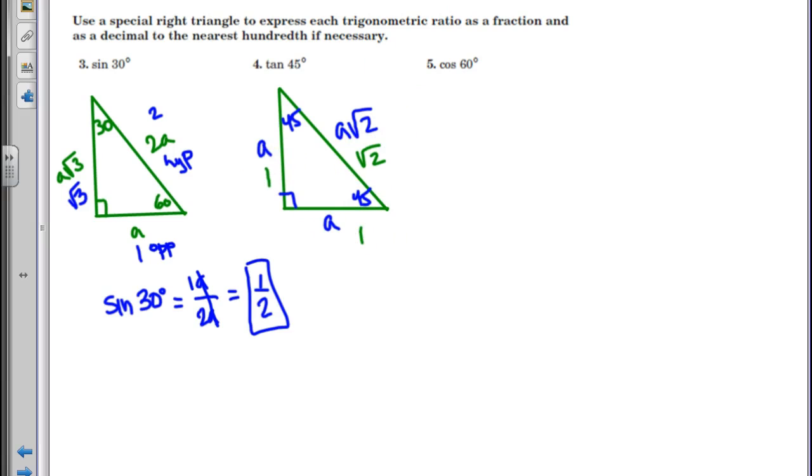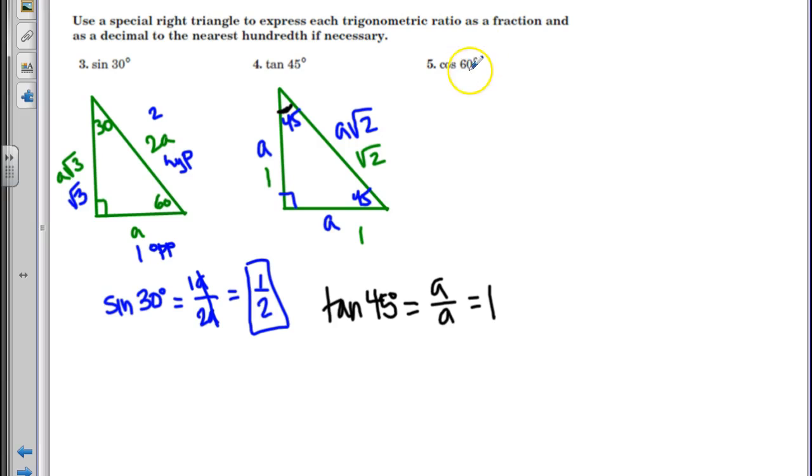The ratios will come out the same. So tangent of 45 degrees, starting from this 45-degree angle, tangent is opposite over adjacent, which would be A over A, which is 1. Notice with the numbers, 1 over 1, which is 1.